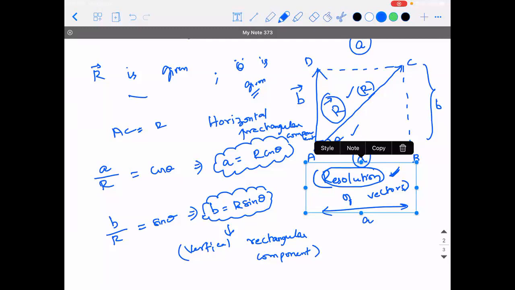Sir, could you repeat the statement for resolution of vectors? There is actually no technical statement. The statement which I told is my own words only. But anyways, I'll tell you.